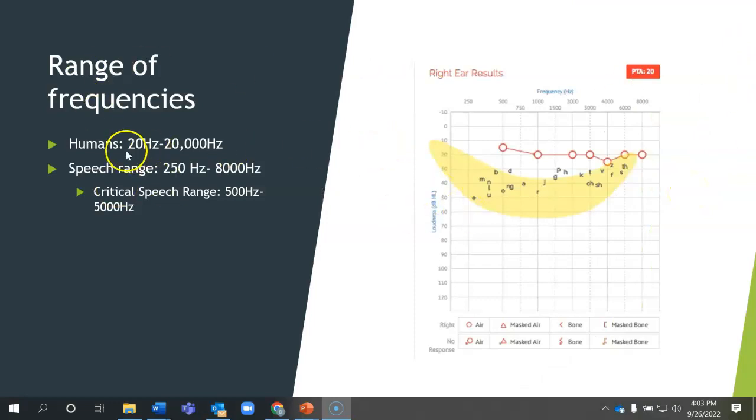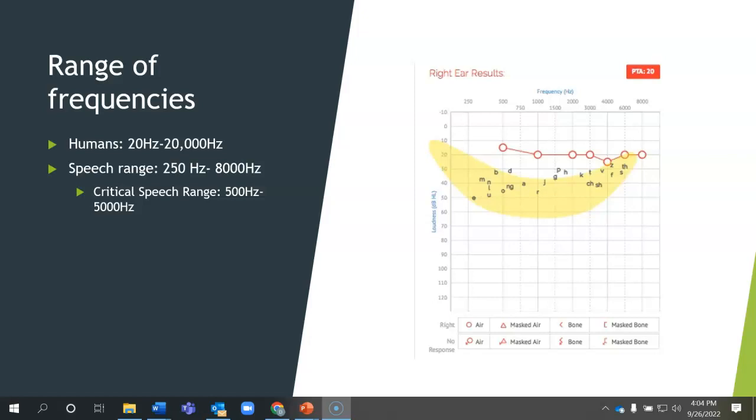The range of frequencies, I know I spent some time talking about this, but just to refresh your memory, 20 hertz to 20,000 hertz, which is a very broad range of frequencies, is the range of frequencies that humans can respond to. We may not be able to hear them all, or it may take a lot of intensity for us to just begin to hear those frequencies, but that is the range of hearing for humans.